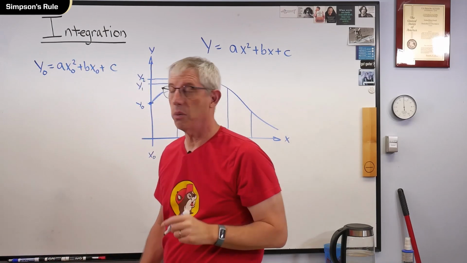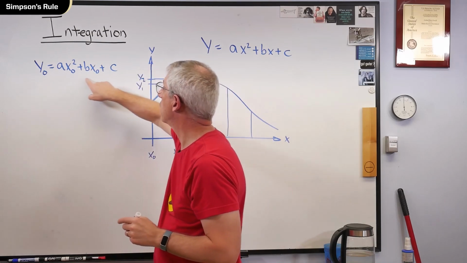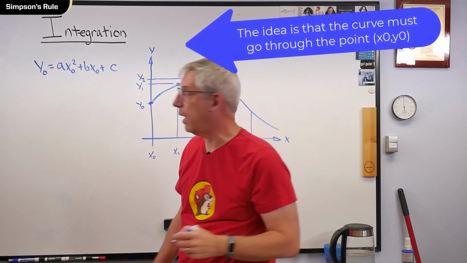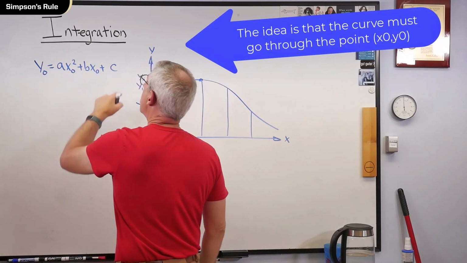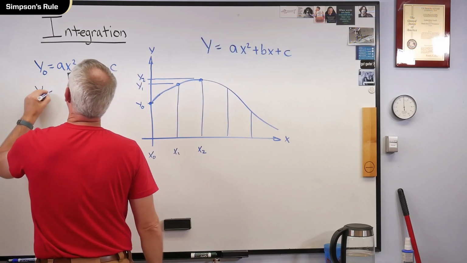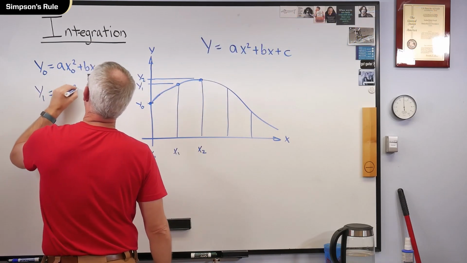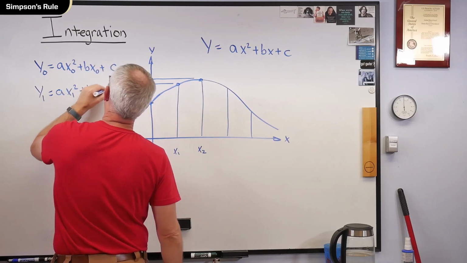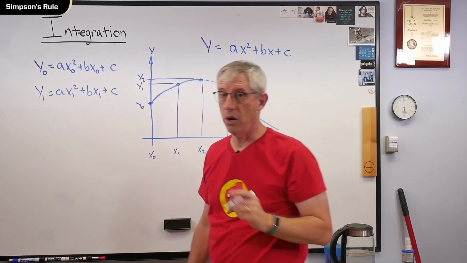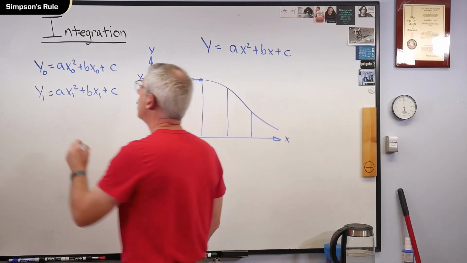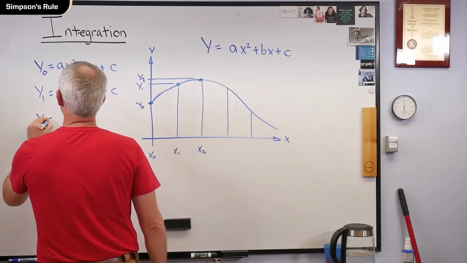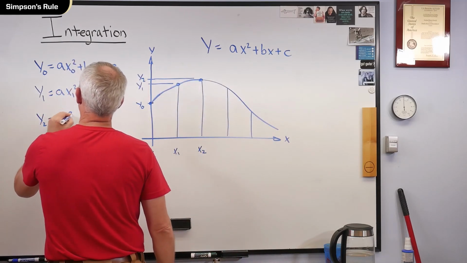Okay, there's 1. I know y0, I know x0. So the variables here are a, b, and c. Okay, I know y1 and x1, and I know y2 and x2.